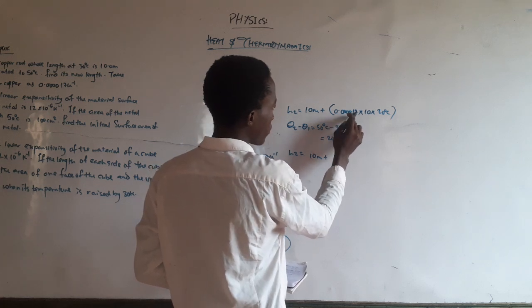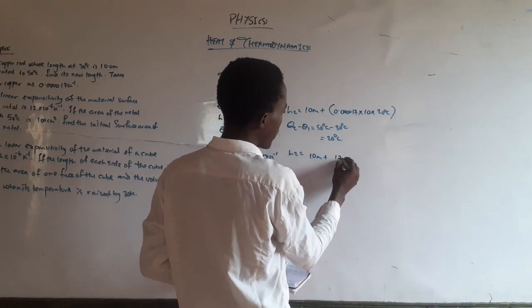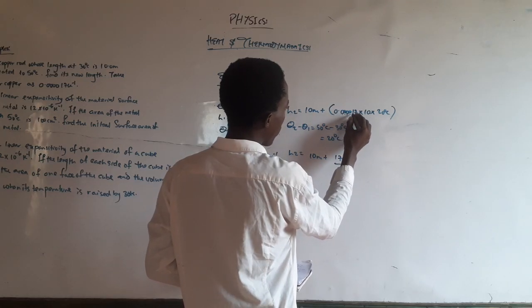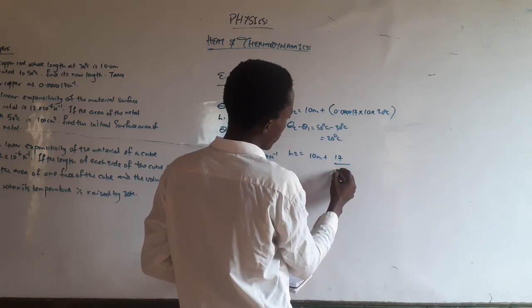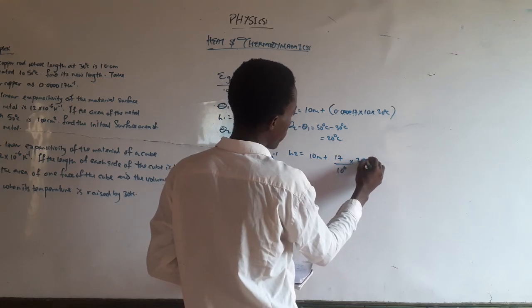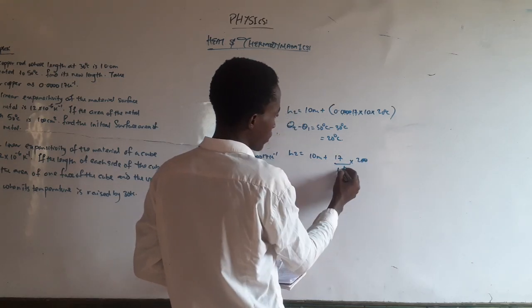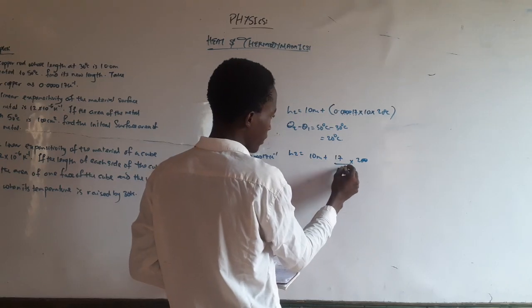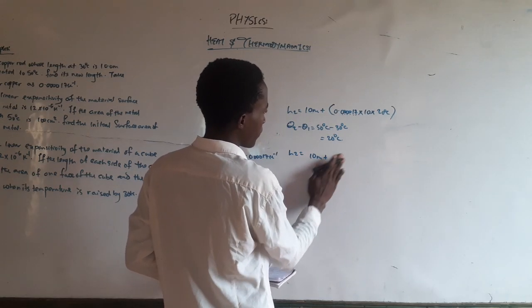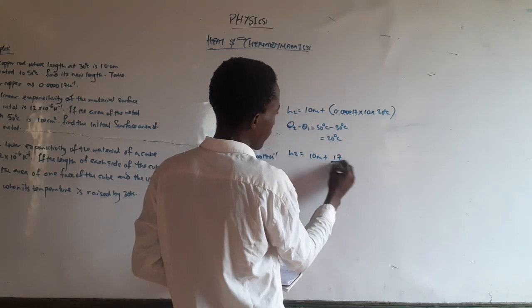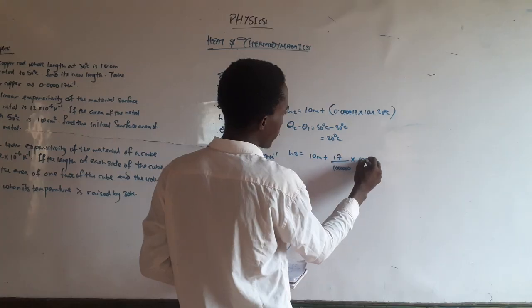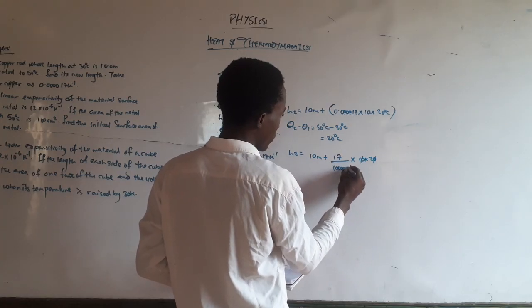Converting this to a fraction, we have 17 over 1,000,000 multiplied by 10 multiplied by 20. What do we mean?